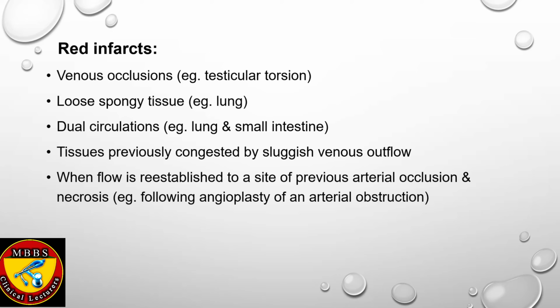red infarct. If you remember your chapter 2 where you have studied reperfusion injury, this is one of the examples of reperfusion injury where there is oxidative stress, increased calcium overload and inflammation, and this is causing more injury to the tissue, and this injury could lead to red infarcts.